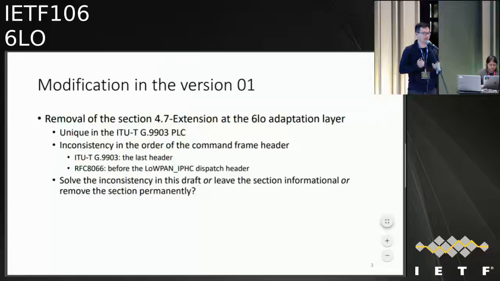There is also an inconsistency in the order of the command frame header in G.9903 and RFC 8066. In G.9903, the command frame header is the last one, but by the definition of RFC 8066, it is before the dispatch header of the header compression.